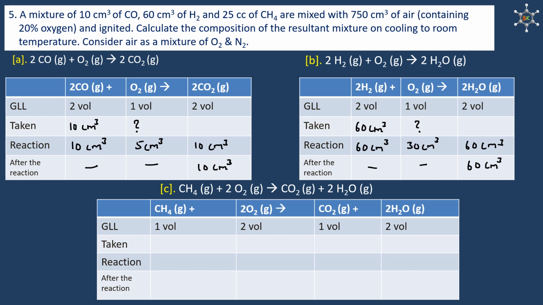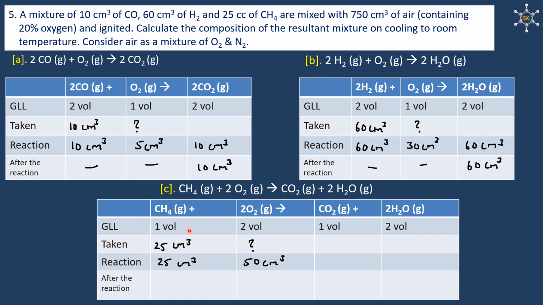Cc is nothing but cm³, so 25 cm³. The amount of oxygen needed is calculated using the unitary method: 25 multiplied by 2 divided by 1, that will be 50 cm³.